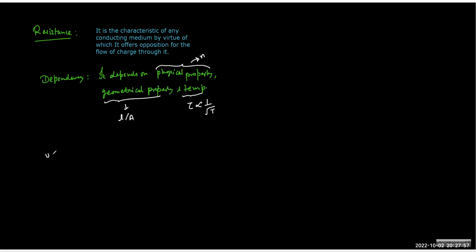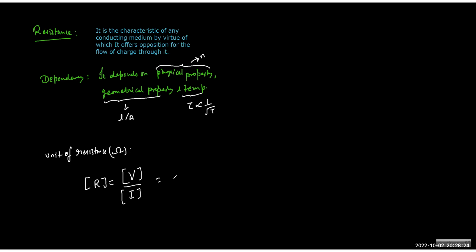So what is the unit of resistance? And what is the dimension? You can find the V dimension and current dimension. Current is, luckily or unfortunately, a defined physical quantity, the fundamental quantity.